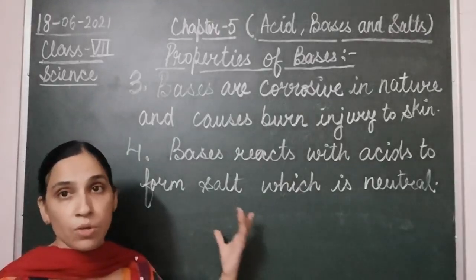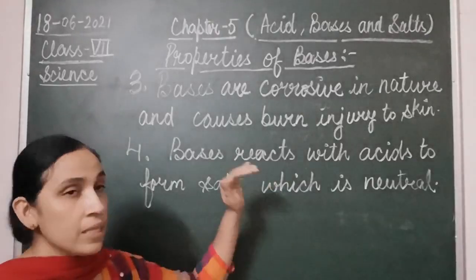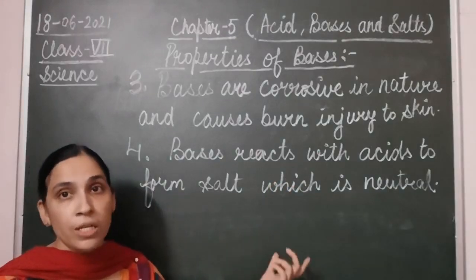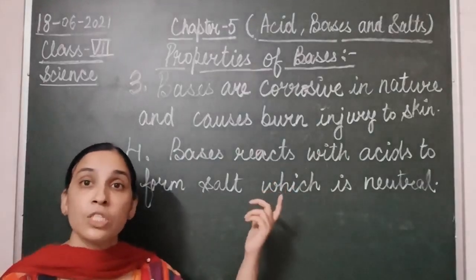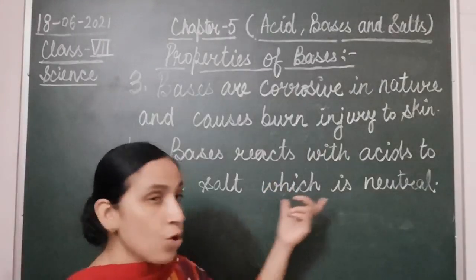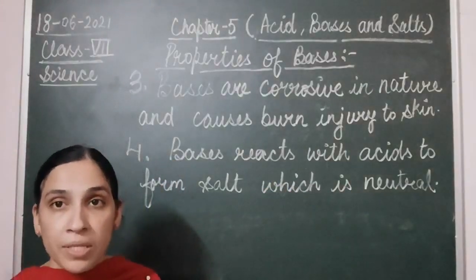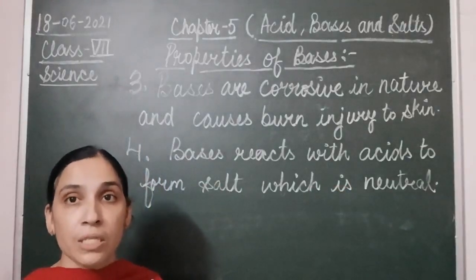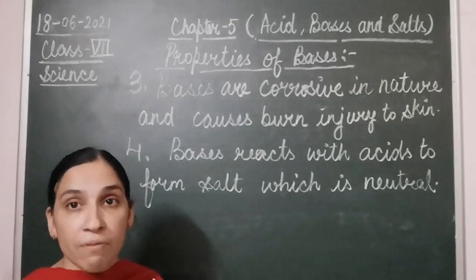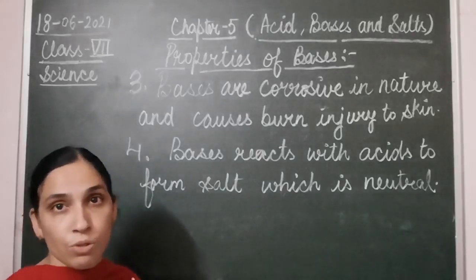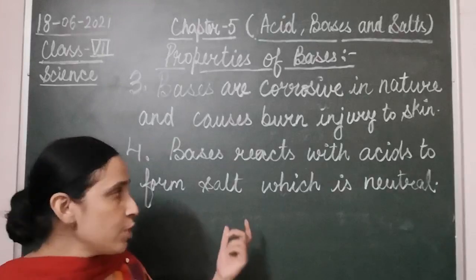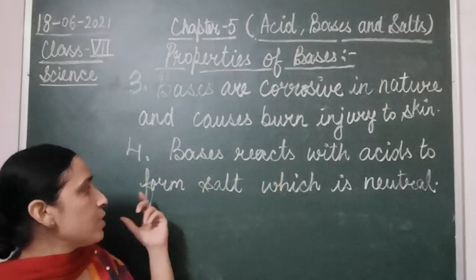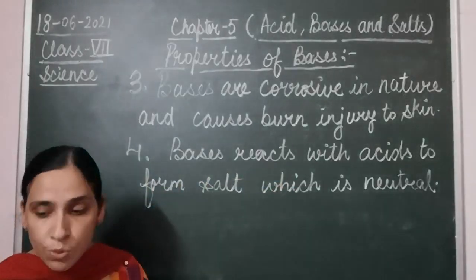The reaction involved is called a neutralization reaction, since the output of this reaction is a neutral salt, which is not going to react further. That's why this reaction is known as a neutralization reaction, and we are going to discuss it further and write its definition also. So in the properties of bases, you have to remember only this much: bases react with acids to form salt, which is neutral.